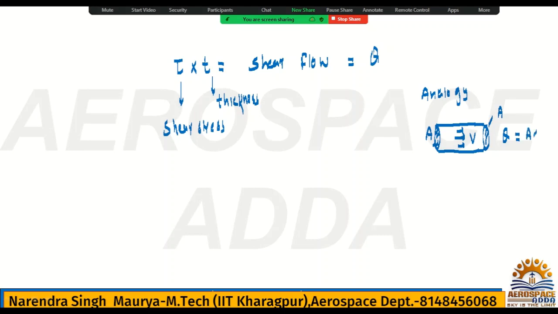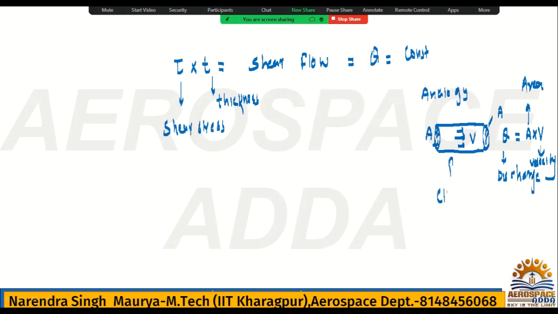It was area into velocity, and it was constant. Discharge was constant, yes or no? So this was discharge, this was area, this was velocity. So you said that discharge throughout the pipe will be constant. Similarly, this is shear flow, and this shear flow will be constant throughout the section. This is valid for a closed section.